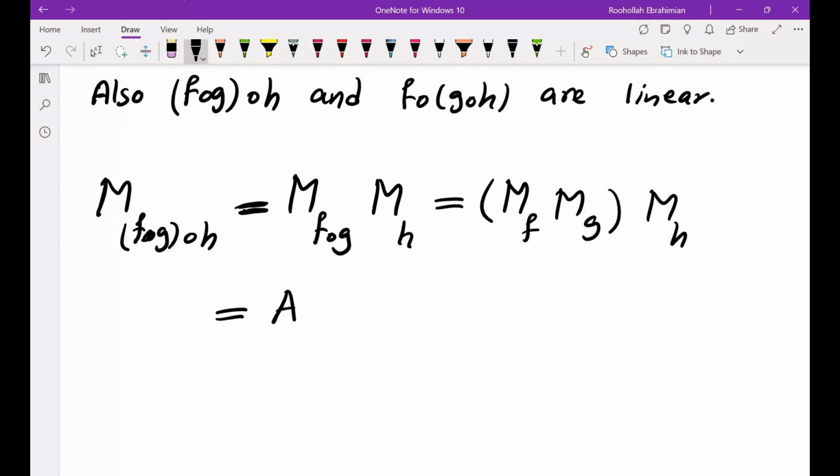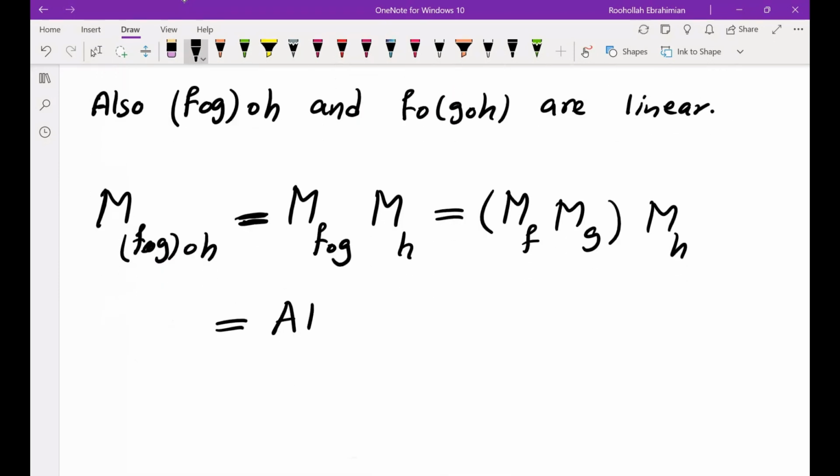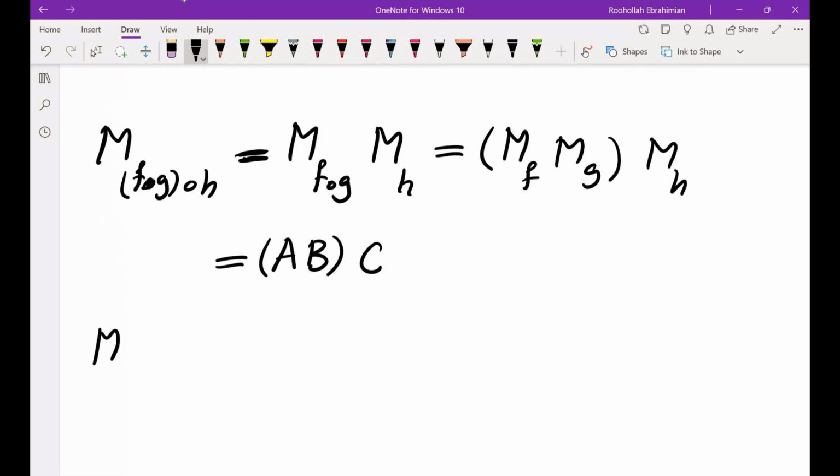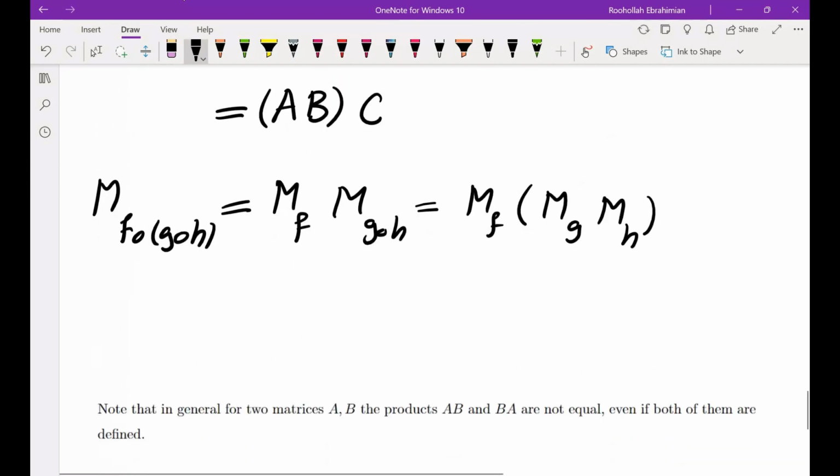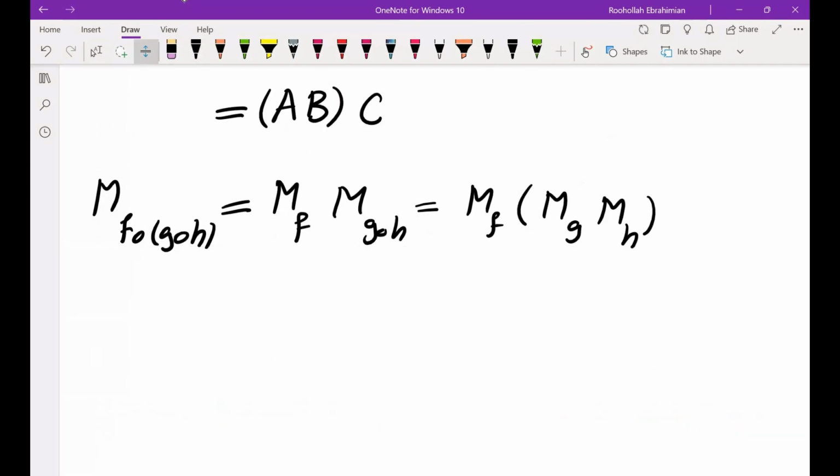Matrix of f was A, matrix of g was B, and matrix of h is C. Now if I look at the matrix of f∘(g∘h), that's the same as matrix of f times matrix of g∘h. This is the same as matrix of f, matrix of g times matrix of h, because matrix of composition is product of matrices. That's something we proved earlier in the video. This is A times B times C, because those functions were defined using A, B, C.